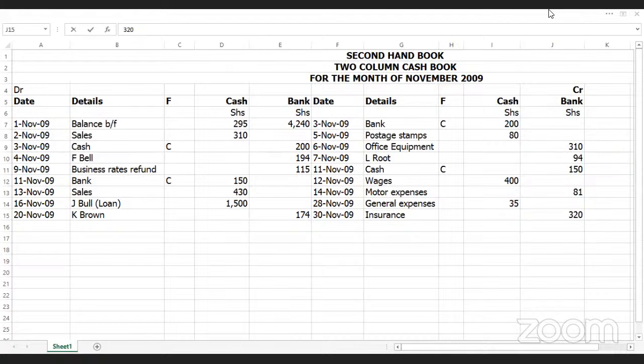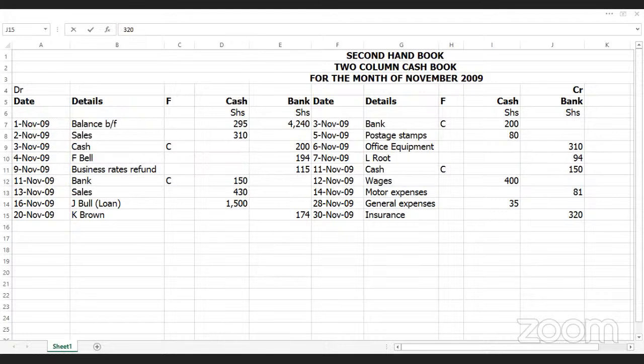The total for the cash debit side is 2,685 cash.